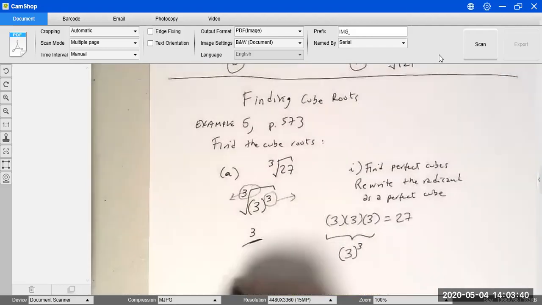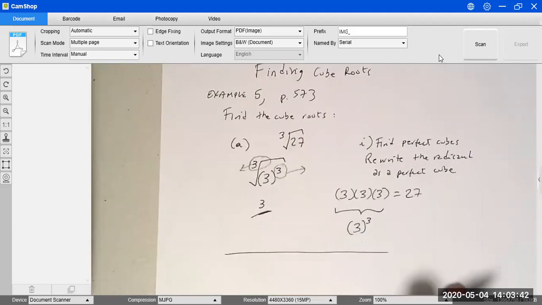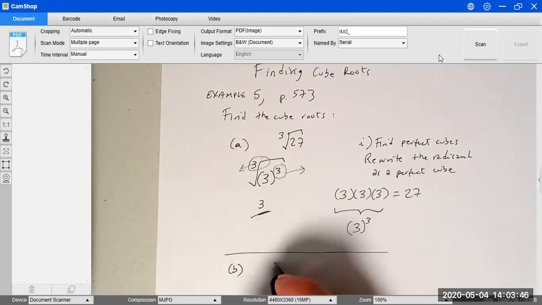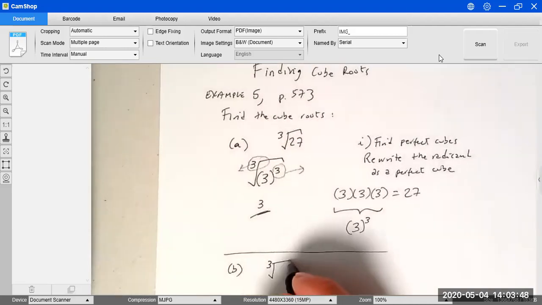Okay, so let's work on two more problems. We have now the cube root of negative 1.